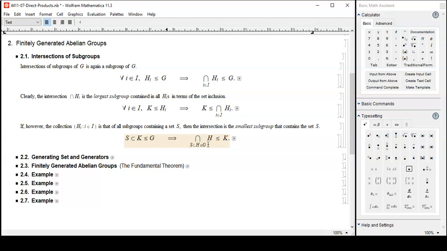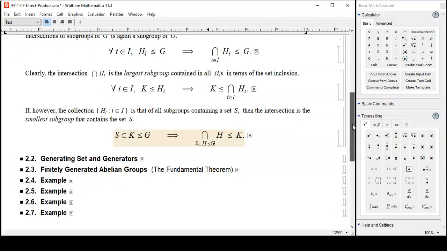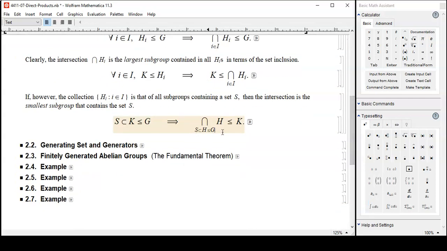But this time I didn't use those ordered expressions. This is a collection of all subgroups containing S, so I just put that condition here. These H's are subgroups of G that include S. Can you read that? So that's the condition.